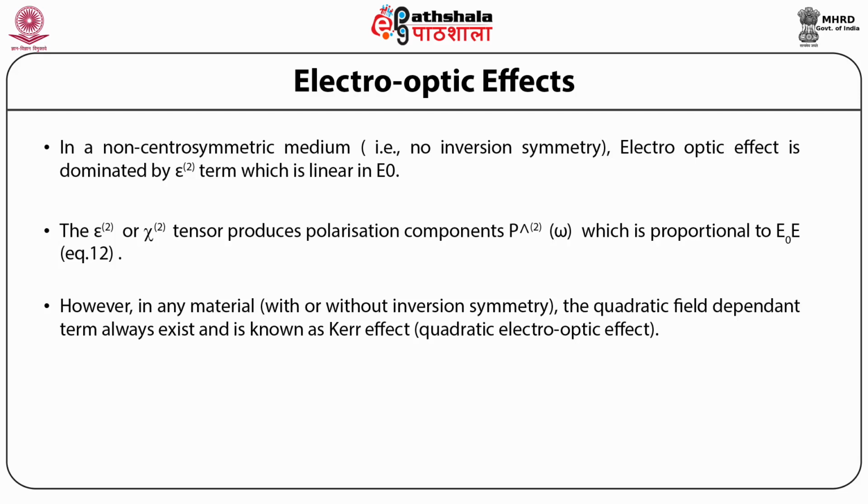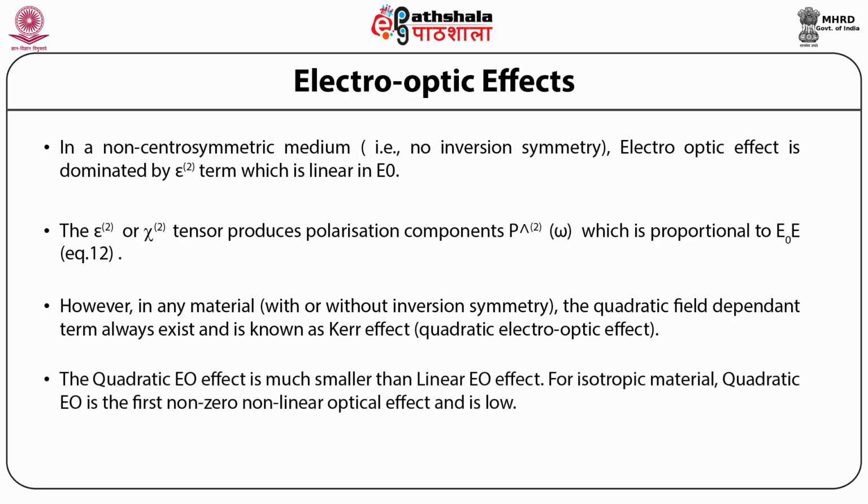The epsilon 3 and chi 3 tensor produces polarization components P3 omega, which is proportional to E naught square E. So the quadratic EO effect is much smaller than the linear EO effect. For isotropic material, quadratic EO is the first non-zero non-linear optical effect and is low.